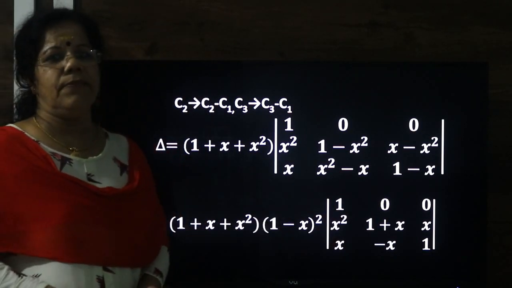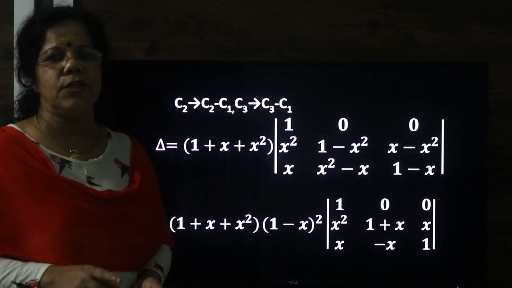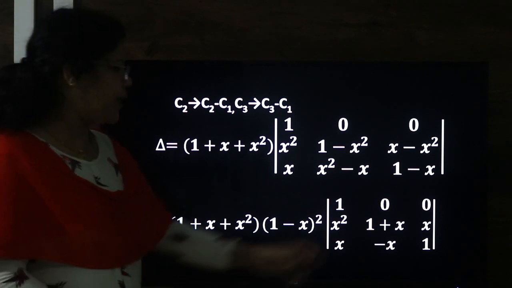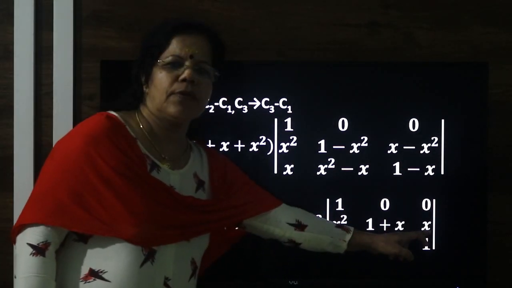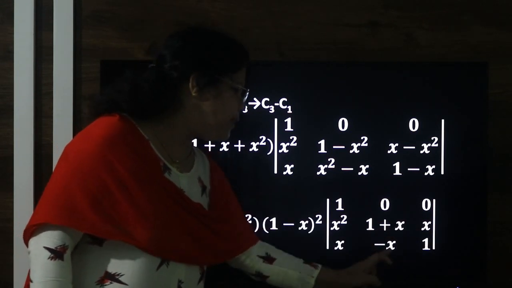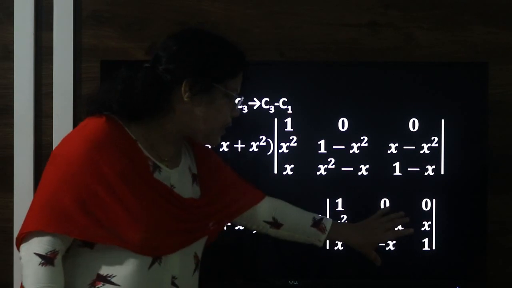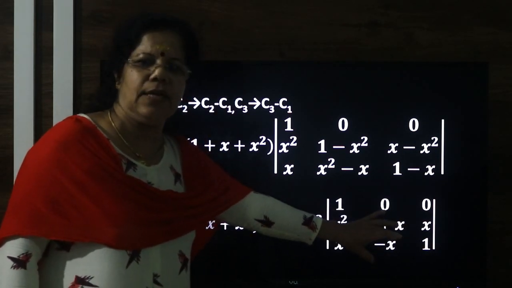So that will be 1 plus x square into 1 minus x whole square into 1 into 1 plus x into 1 plus x square minus x into x minus negative x into x, so that is 1 plus x square.